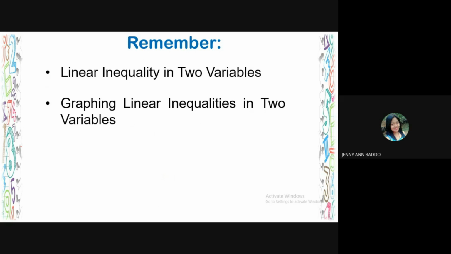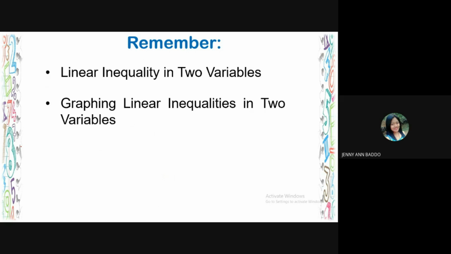And of course, for our plane divider, we have a solid line if the given inequality symbol is either greater than or equal to or less than or equal to. But we're going to use a broken line if the given inequality symbols are less than and greater than.